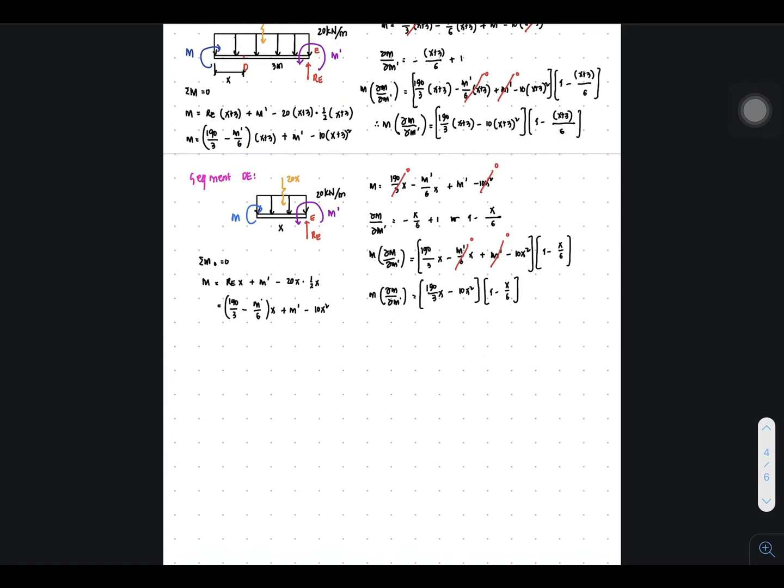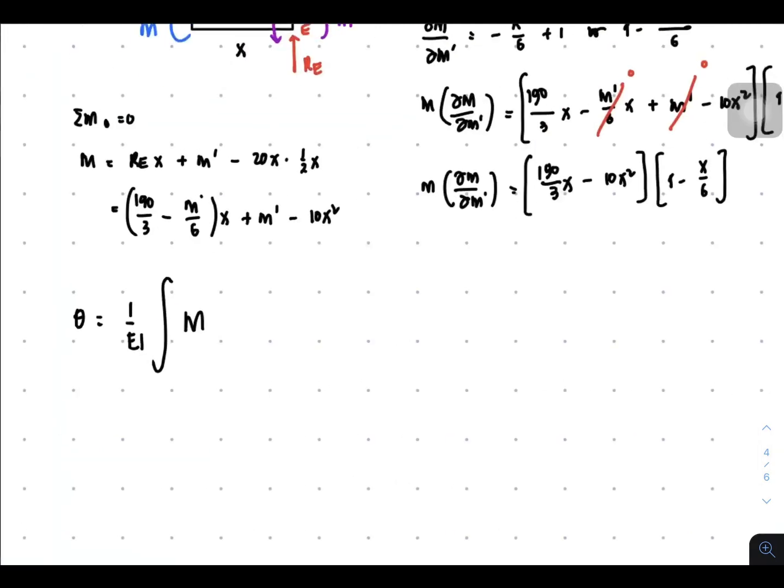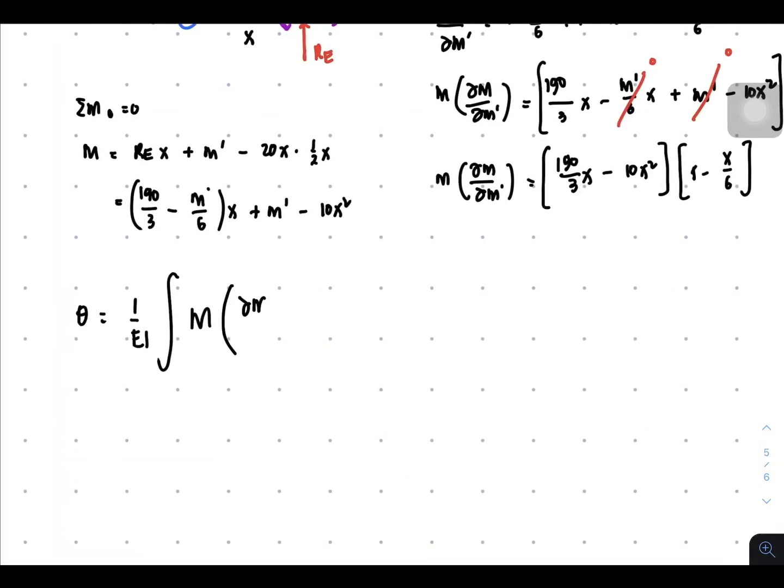So let us now continue with the slope. The slope is equal to 1 over EI of the integral of M times the partial derivative of M with respect to M prime dx, and this is from a to b. So the limit is from 0 to 1.